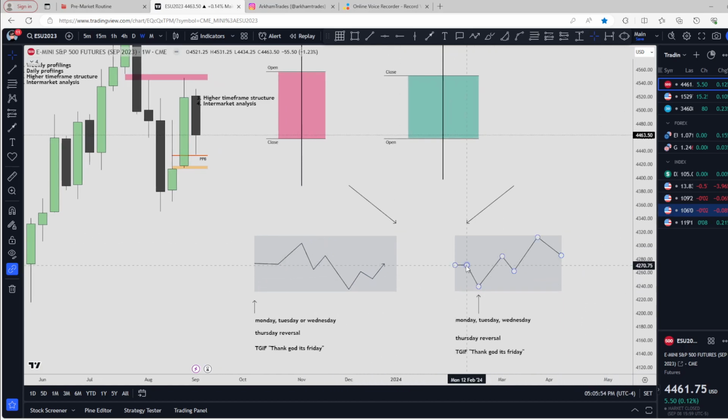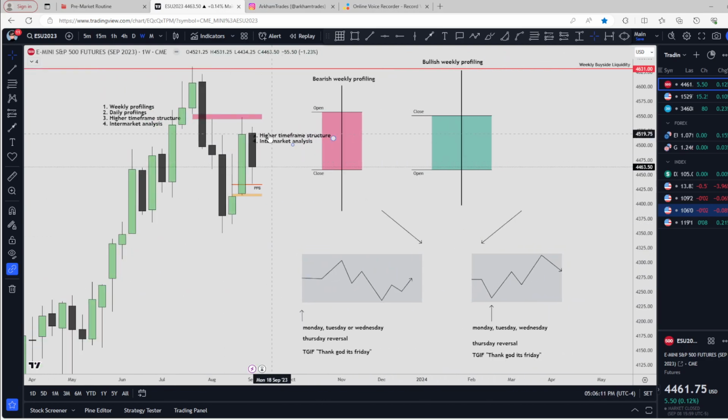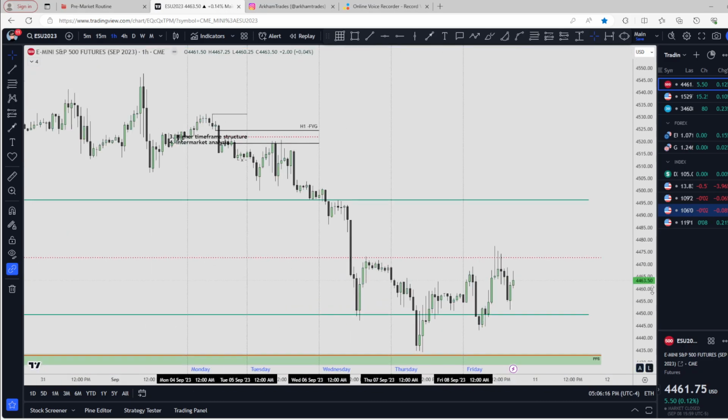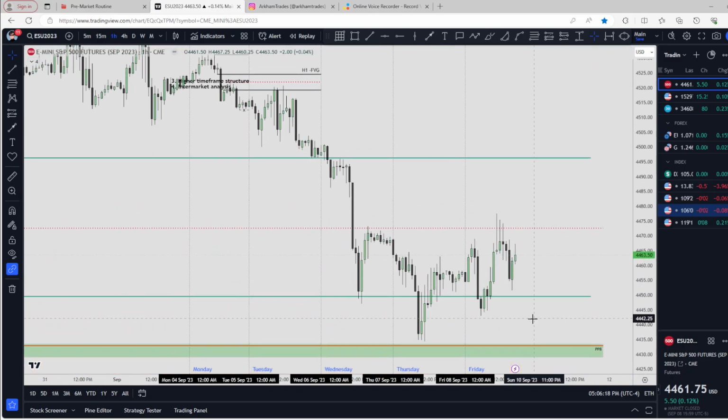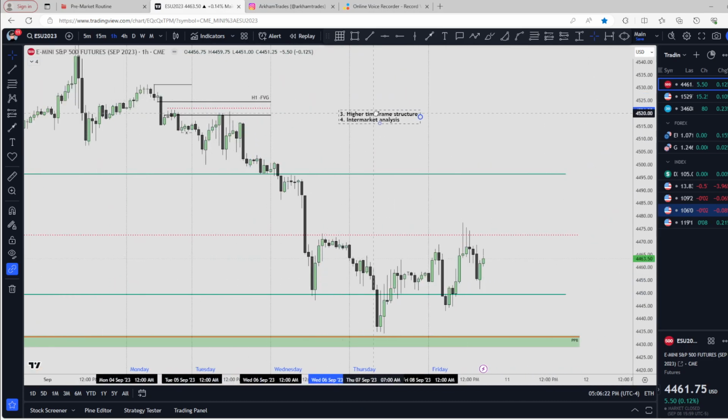And the opposite can be said for bullish weeks, where we drop lower, push higher, break above the open, come back to the open, and then rally higher. This is where you get your Thursday reversals, or thank God it's Fridays. And that's how these weekly candlesticks are formed. So now that you know about the weekly profilings and the daily profilings, there's more to it, but those are the two that you should be aware of.